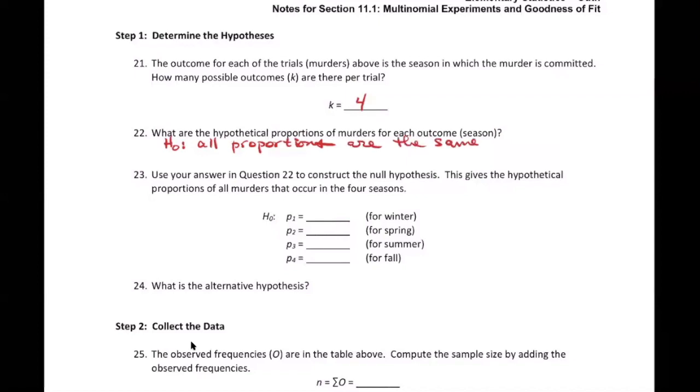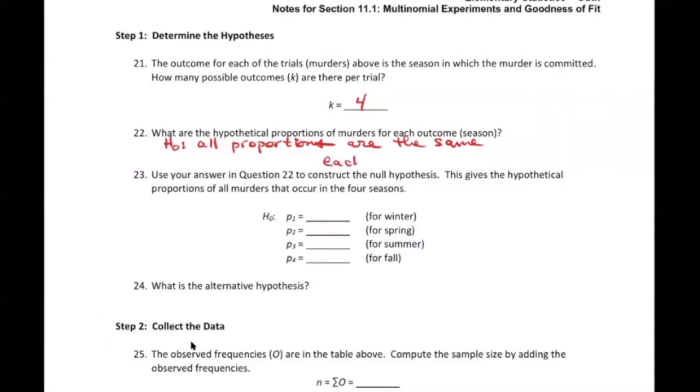And that's just like we always say, p equals some number. What will be the proportions if they were, hypothetically, all the same? Remember, they have to add up to a certain number. Yeah, they have to all be 0.25.